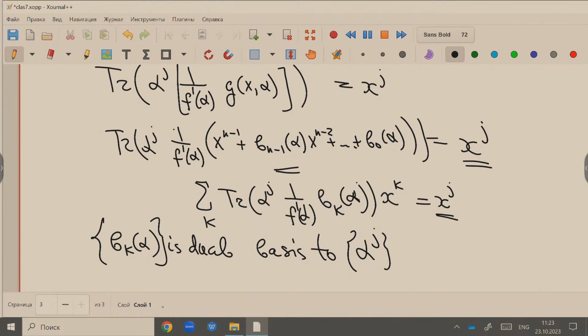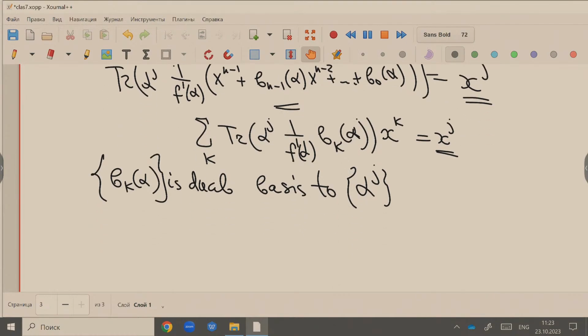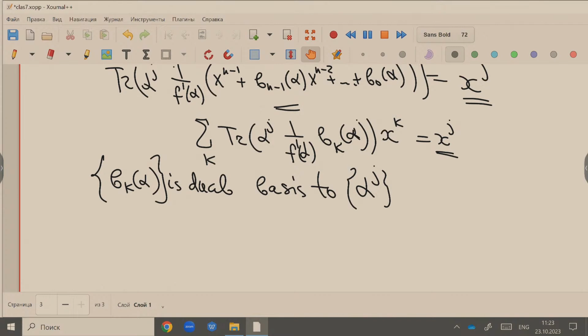So what about beta k? We have constructed this basis, but we are not interested in the basis itself. We are interested in the ring generated by the basis. Of course, we have much more information than we needed.